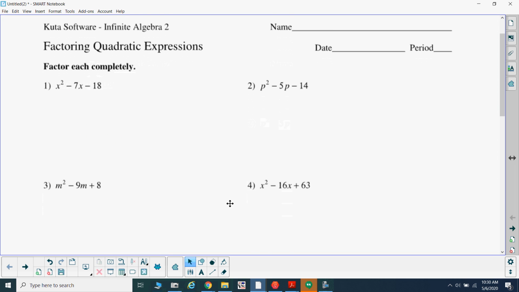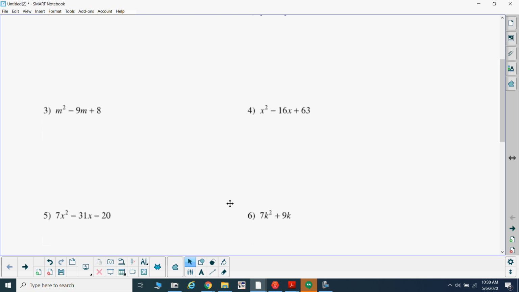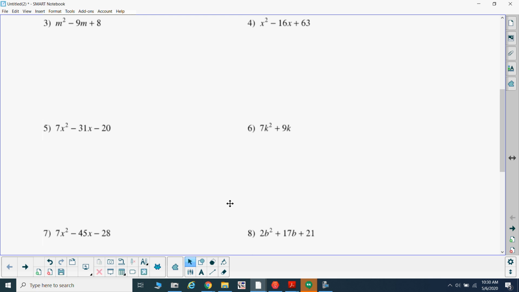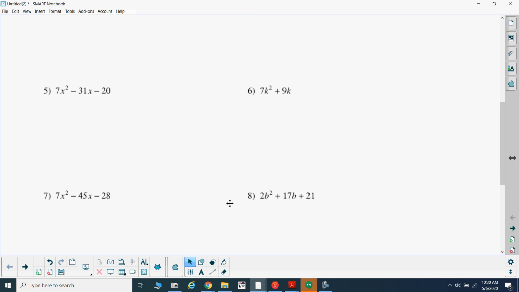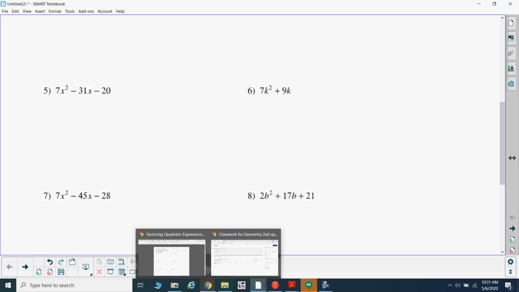If there is a number in front, like this number 5, it gets a little harder. In that case, there's more than one thing that you can think of.